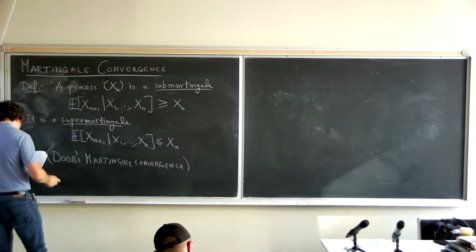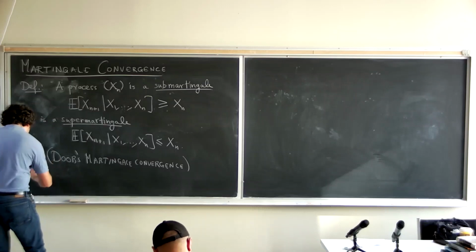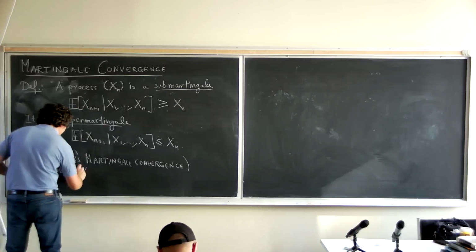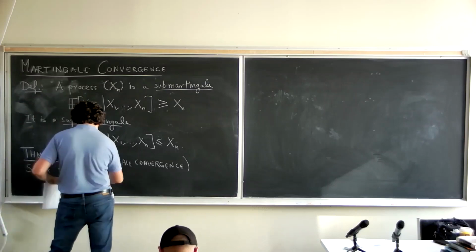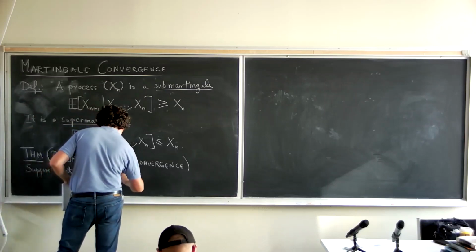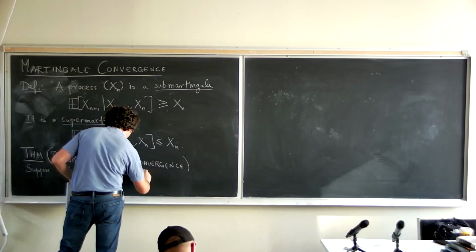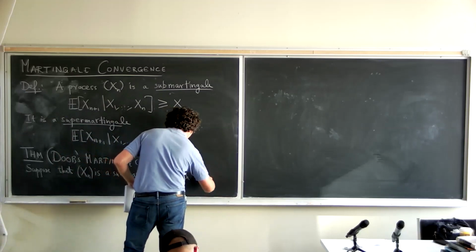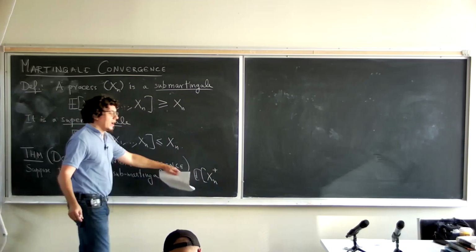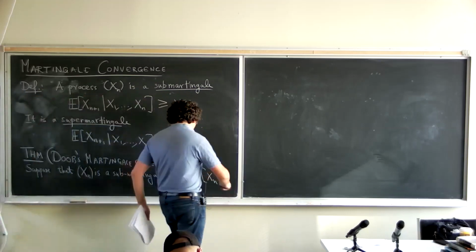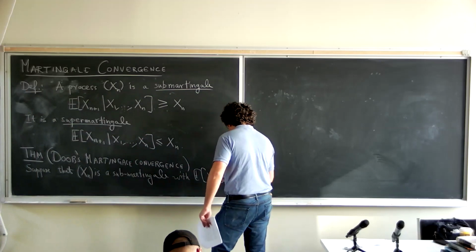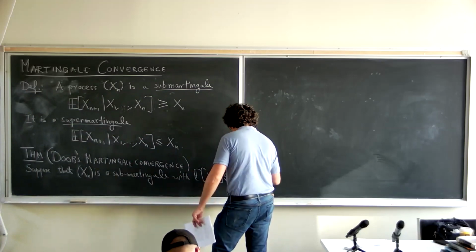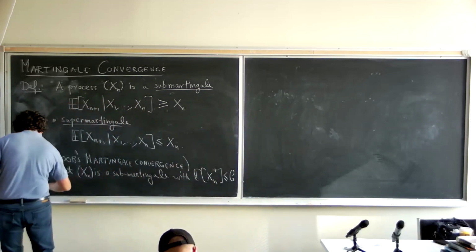Suppose that Xn is a submartingale with the expectation of Xn plus, the positive part, uniformly bounded, so this is less than C for every n.